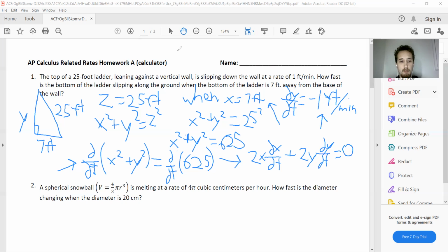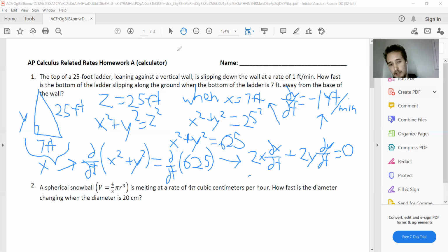Oh, and we have to find one more, right? So the question's asking, how fast is the bottom of the ladder slipping along the ground? Well, the ground is x, right? Along the ground. That's x.